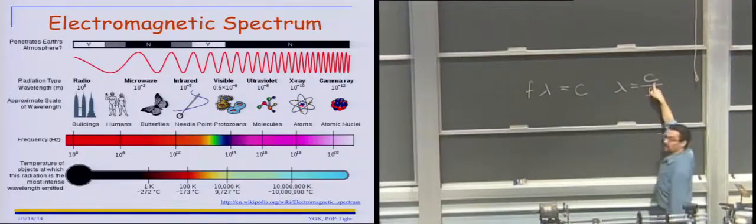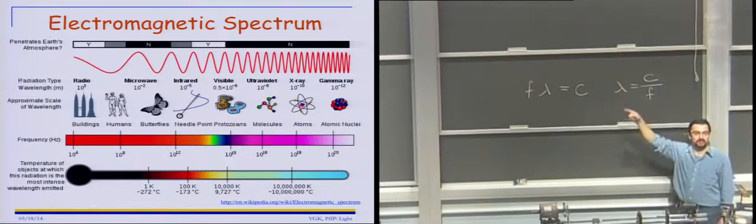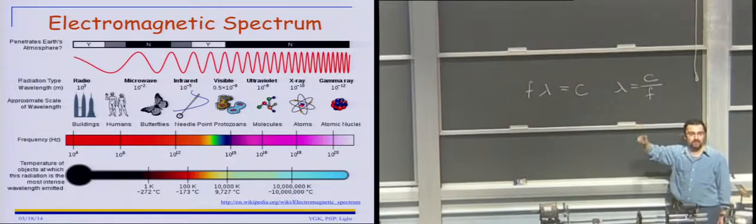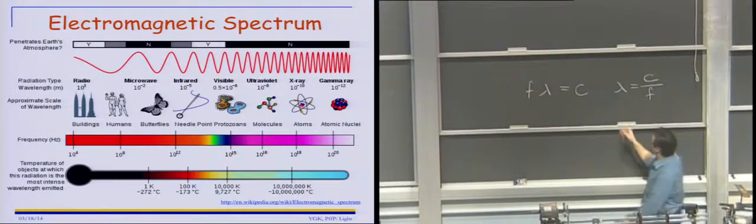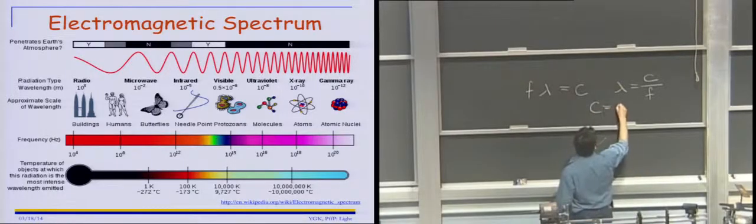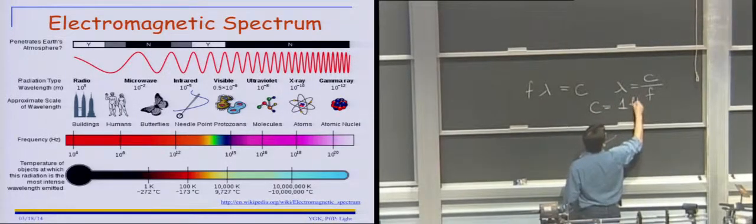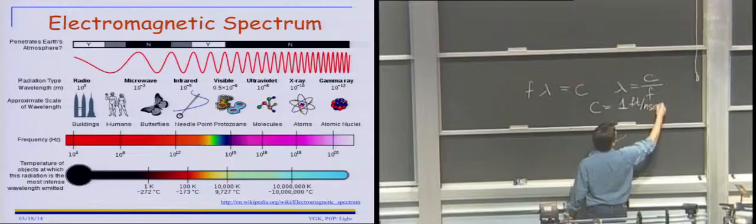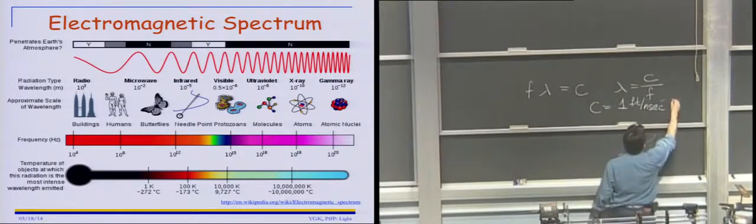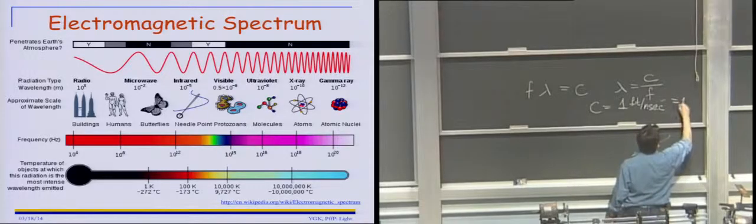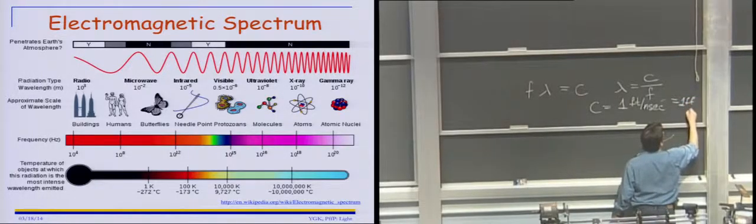And the speed of light is 1 foot per billionth of a second, or 1 foot per gigahertz. So the speed of light is 1 foot per nanosecond, or 1 foot per gigahertz.